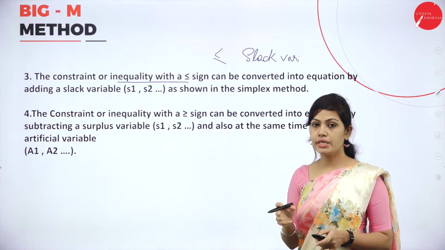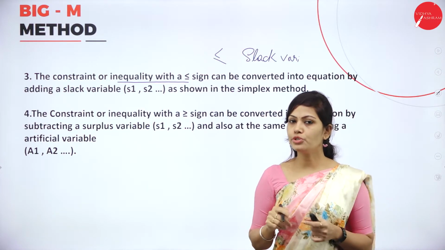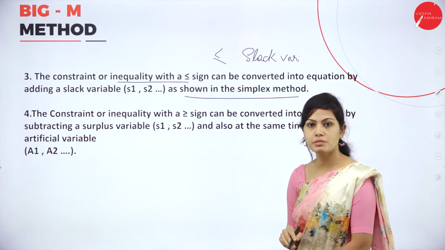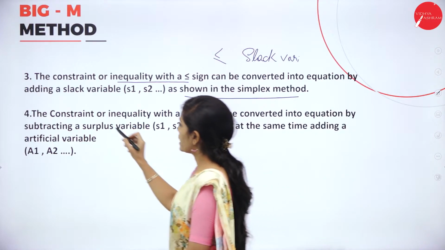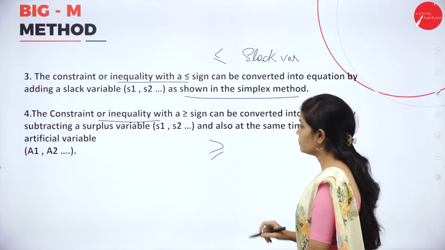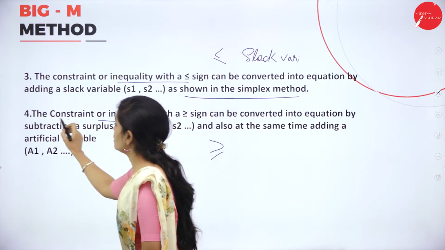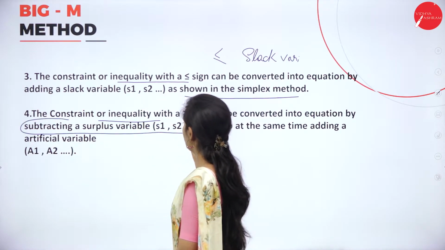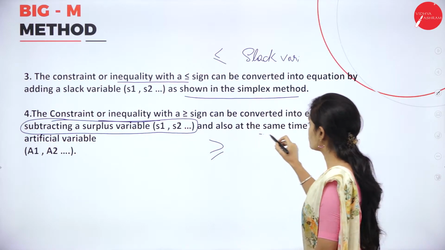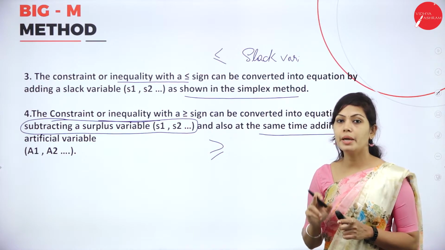In the simplex method, for converting all inequalities into equalities, you have to add slack variables. And a constraint with a greater than or equal to sign can be converted into an equation by subtracting a surplus variable, and at the same time adding an artificial variable, in the BCA method.